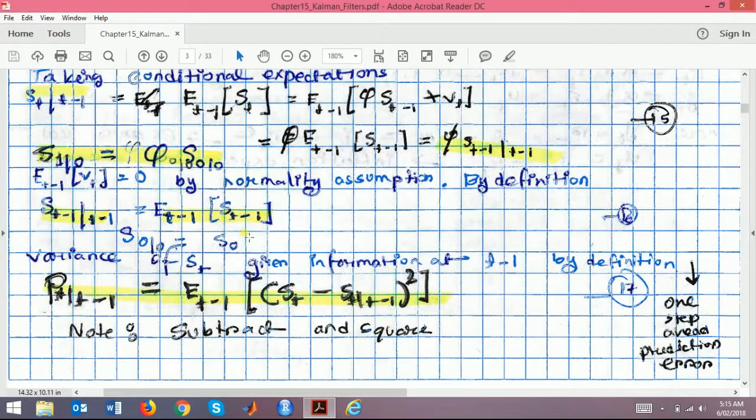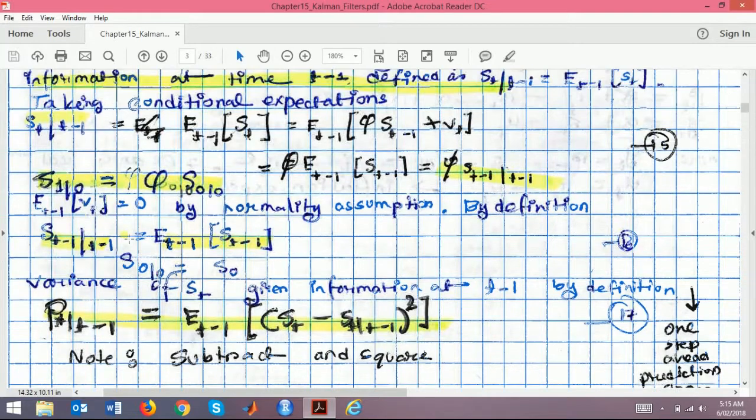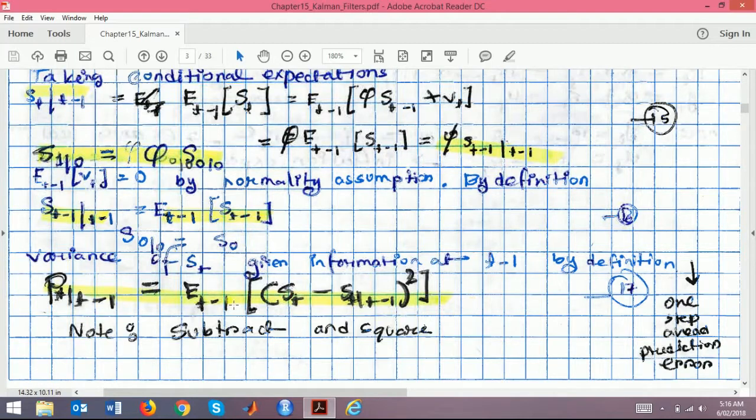As we know, that is s1 given 0, s1 at time t minus 1. So st minus st conditional on t minus 1, s1 minus s1 given 0, squared, that is the variance. It is one step ahead. This variance is also known as the one step ahead prediction error. Latent factor estimation of s currently and latent factor estimation of s in the last period, conditional at time t, latent factor s conditional on information available at time t minus 1.